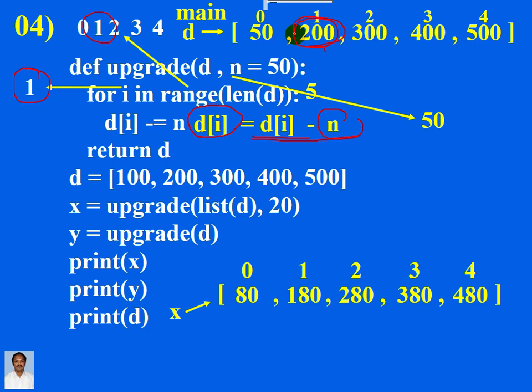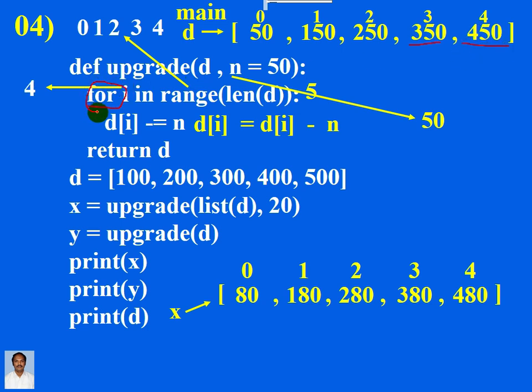So this d of 1 becomes 150. Again, i takes the next integer in the range, that is 2. So now i becomes 2. So d of 2, that is 300 minus 50, 250, that is assigned to d of 2. So this d of 2 becomes 250. So this continues. This becomes 350 and this becomes 450.